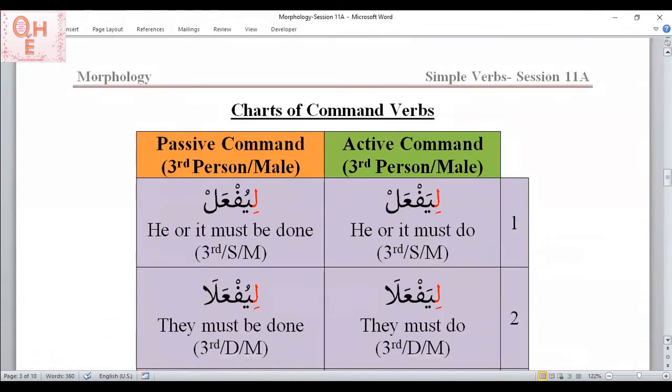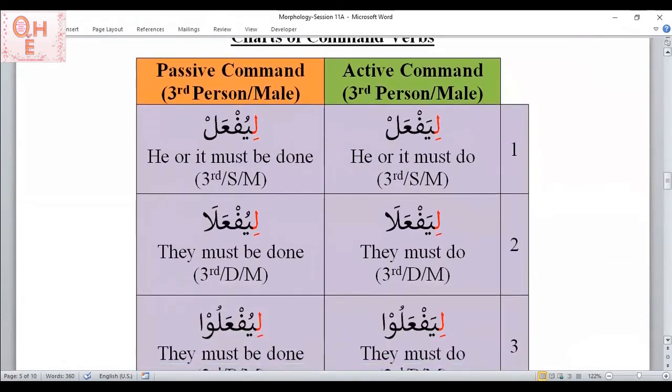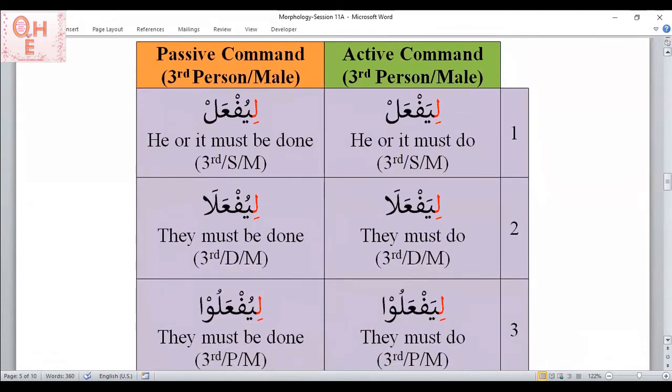So we have a chart over here. This particular chart is for third person male. And as we saw in other sessions, we have active tense and passive tense, so we have active command and we have passive command. Let's go over them, inshallah.